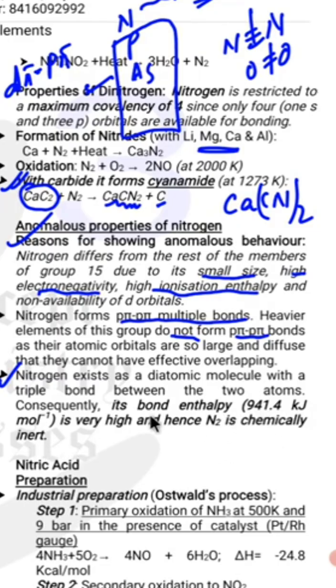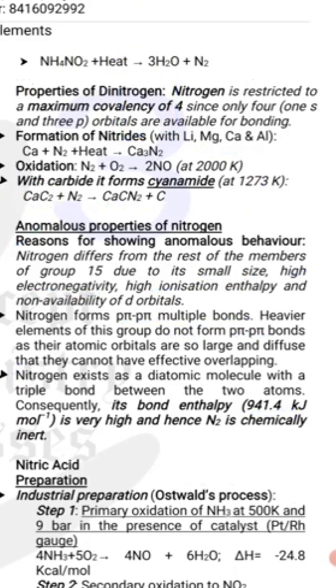Since its bond dissociation enthalpy is very high, it is very difficult to break this bond, so it requires a large amount of energy. So nitrogen is chemically inert, while the rest of the members are not so inert. These are some properties.